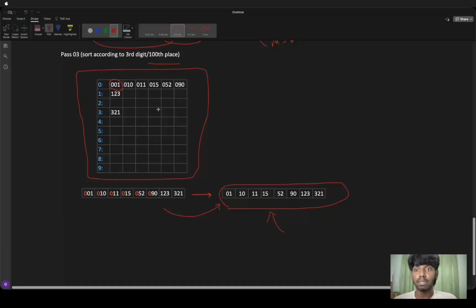In comparison based algorithms like bubble sort, quick sort, and merge sort, we repeatedly compare two elements, but in Radix sort we group numbers based on the value of the digits. Because Radix sort avoids comparisons, it can sort data fast when the number of digits is limited. So Radix sort is non-comparison based because it organizes elements by digit positions rather than comparing the actual values.